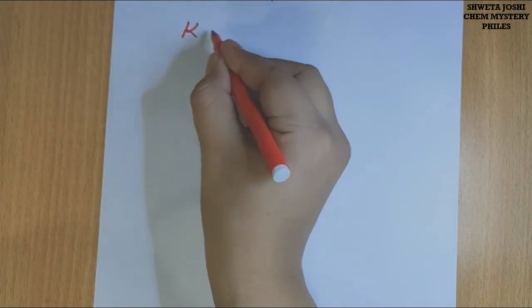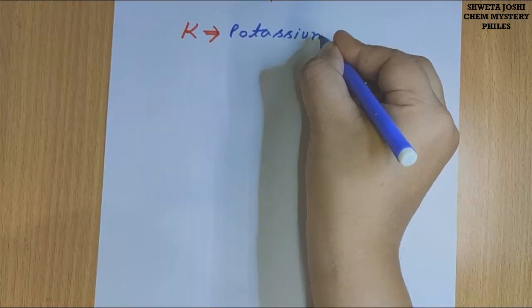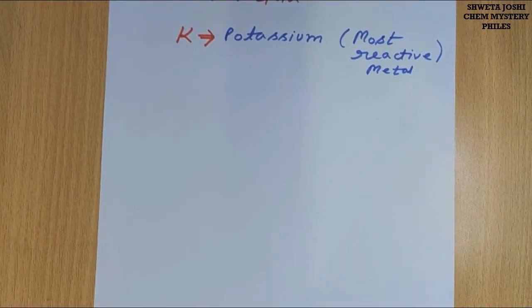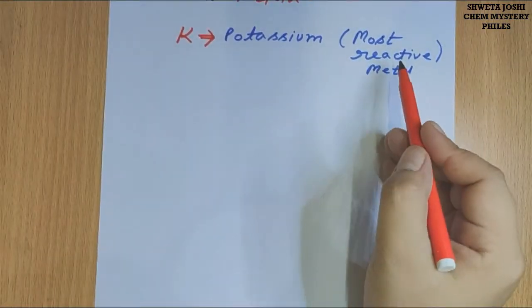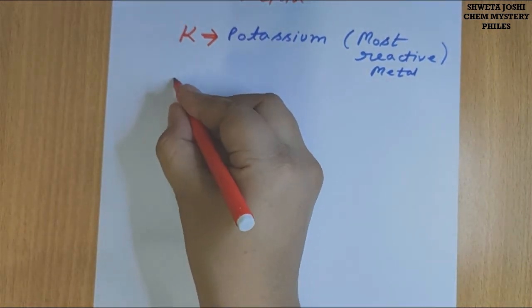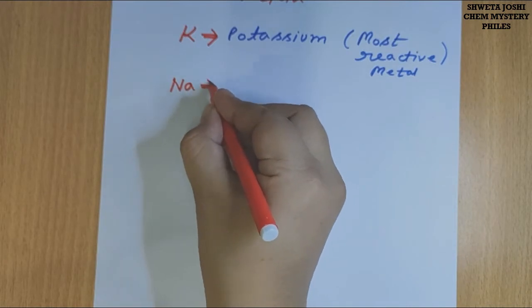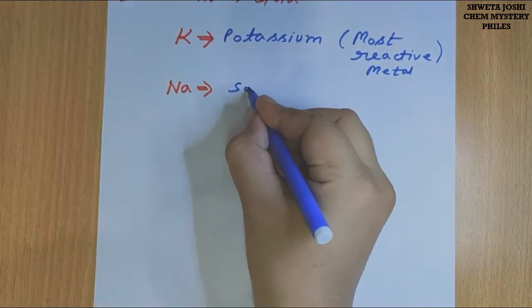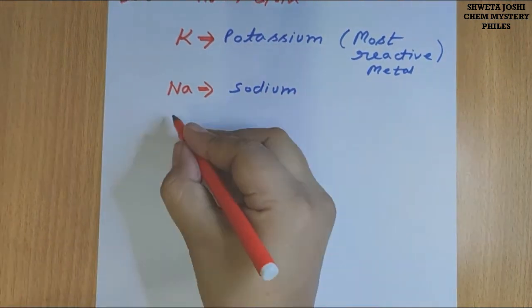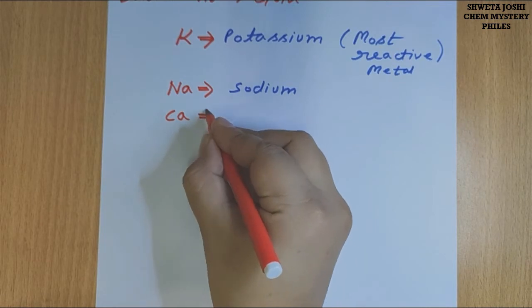Now covering general metal activity series. At the top of the series there is potassium, symbol is K. It is a simple metal activity series, and in this the most reactive metal is potassium. The next one is sodium, and symbol for sodium is Na. Next one is calcium, symbol is Ca.